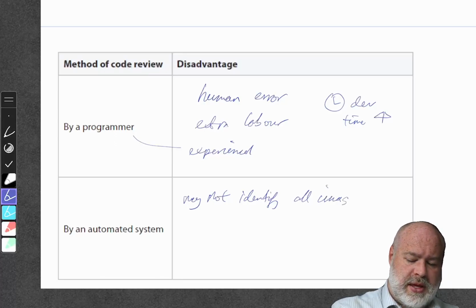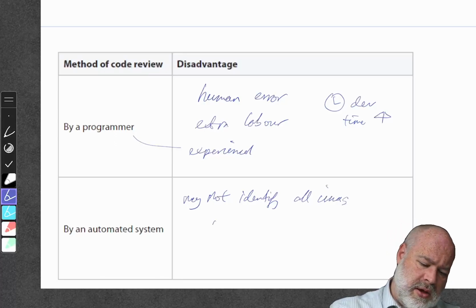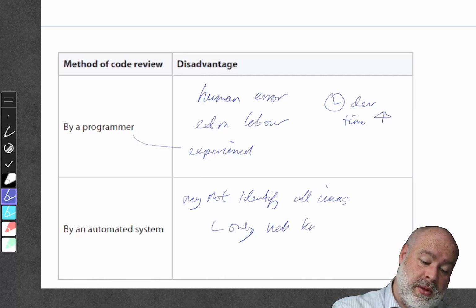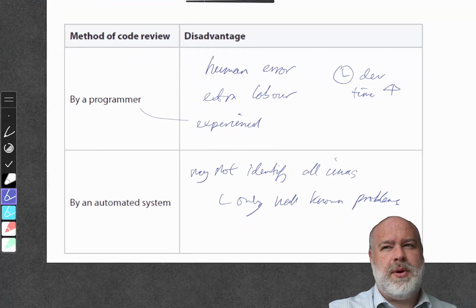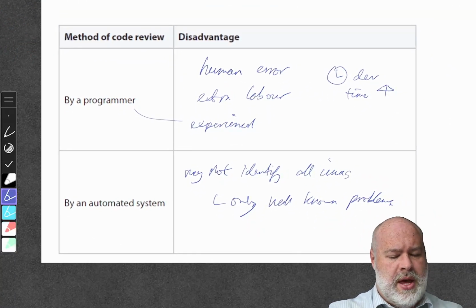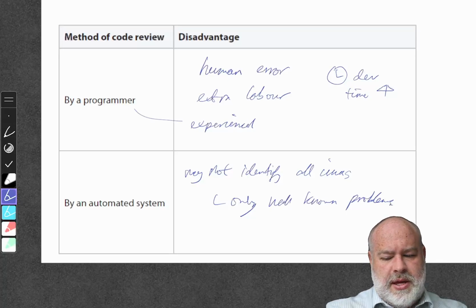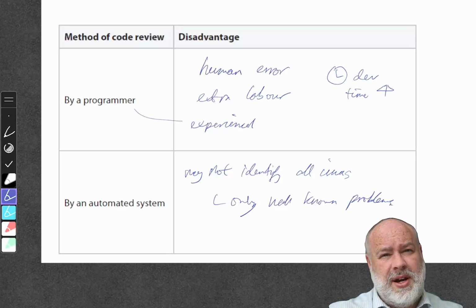I mean, that's the common sense answer. So only well-known problems. The analogy I might use is maybe some anti-malware software, antivirus software. If there's an automated system checking for existing virus signatures, of course, it's going to find it.